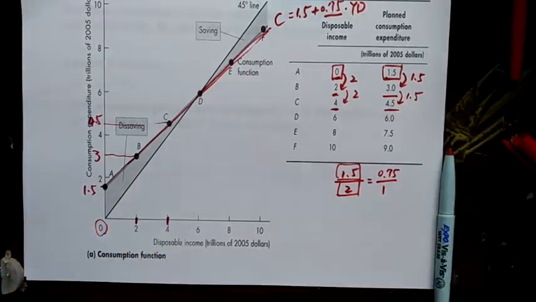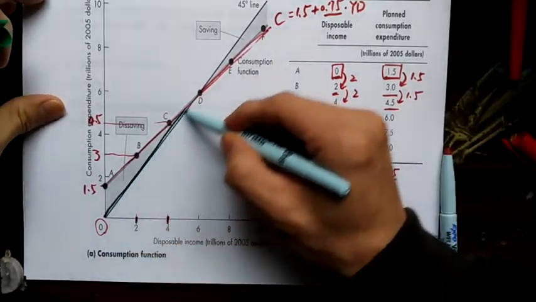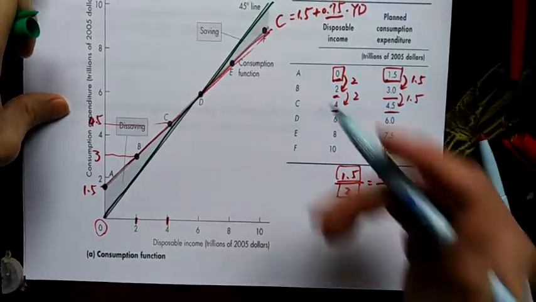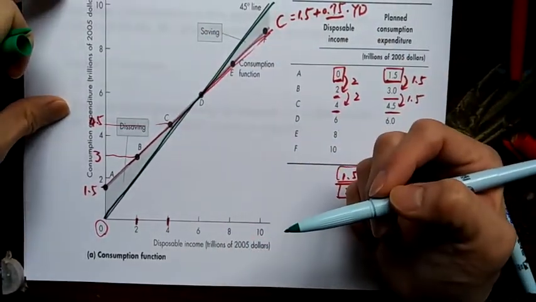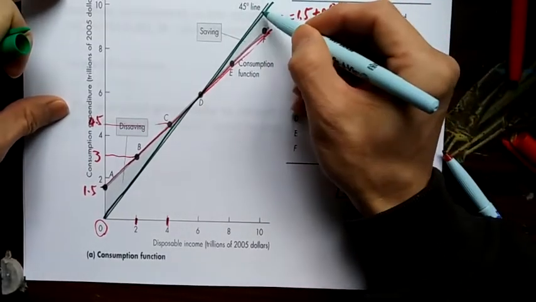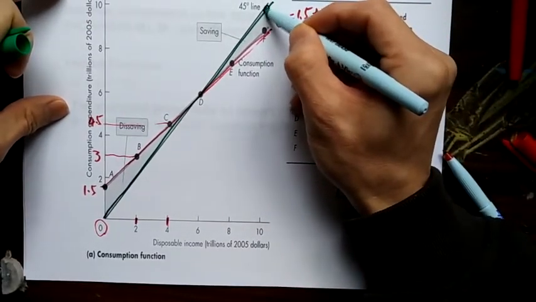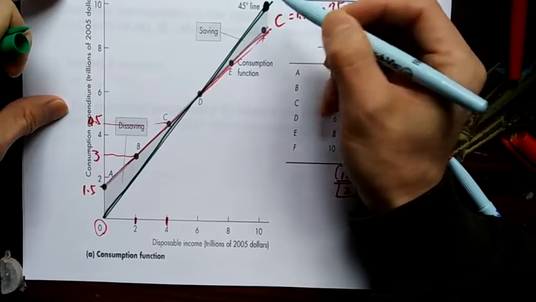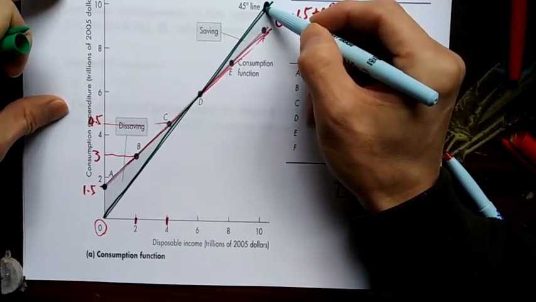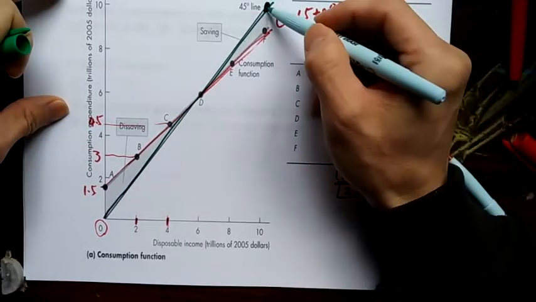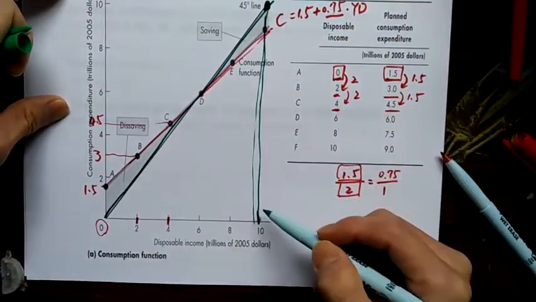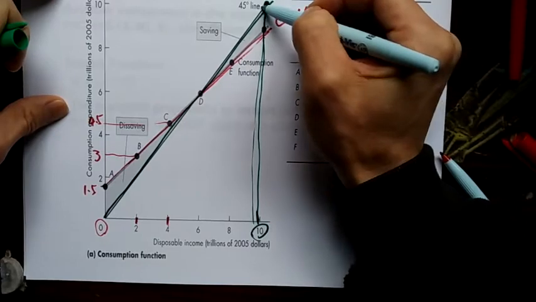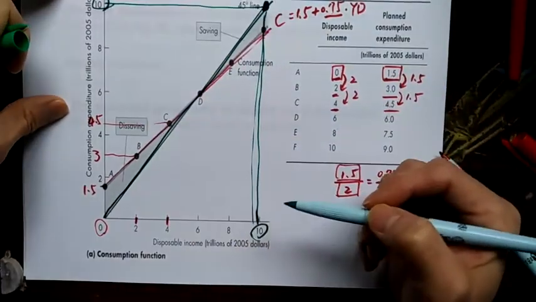Now, in the textbook, you also draw a 45-degree line. What does the 45-degree line mean? Y equals x. Therefore, say for example, look at this point. This is equal to 10, therefore this is equal to 10.